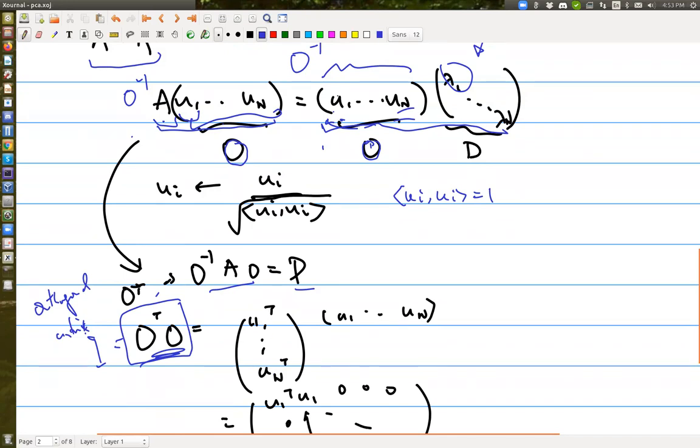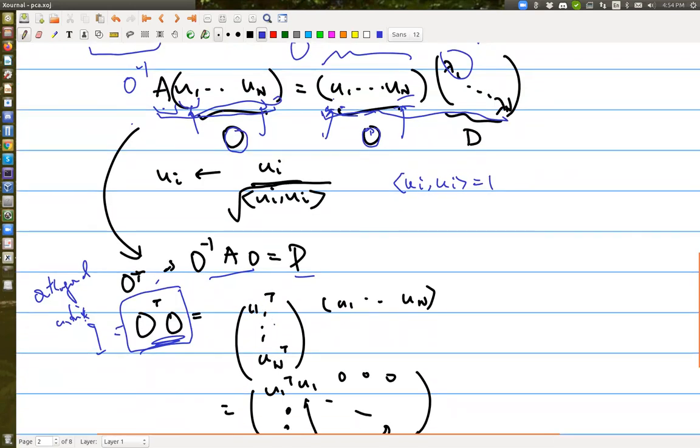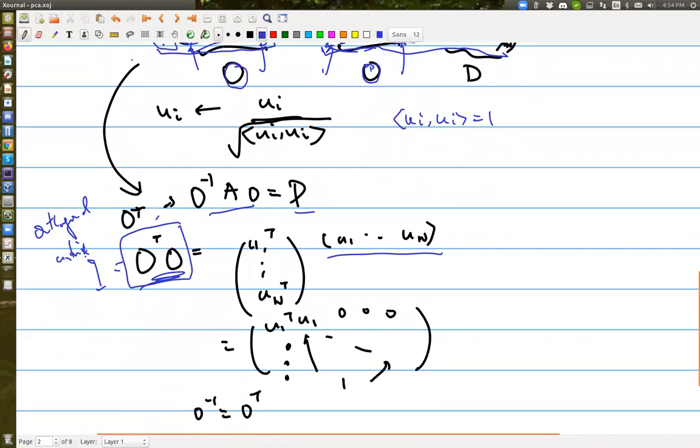Make sure you are on the same page; these are all column vectors. The transpose of O becomes row vectors, U1 transpose up to Un transpose. And O is just this guy here. When you multiply them, the first element is U1 transpose U1.